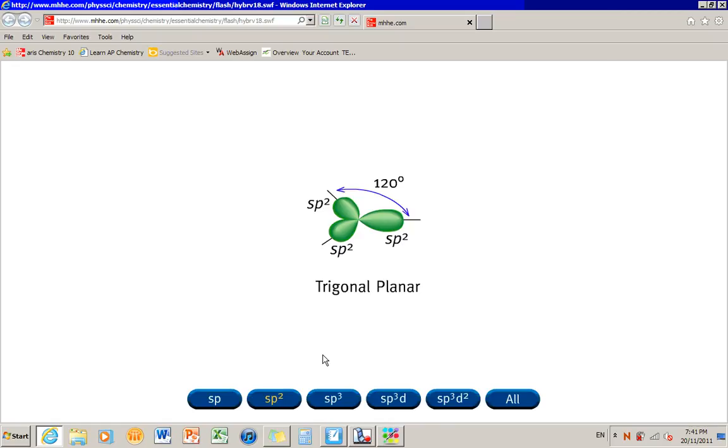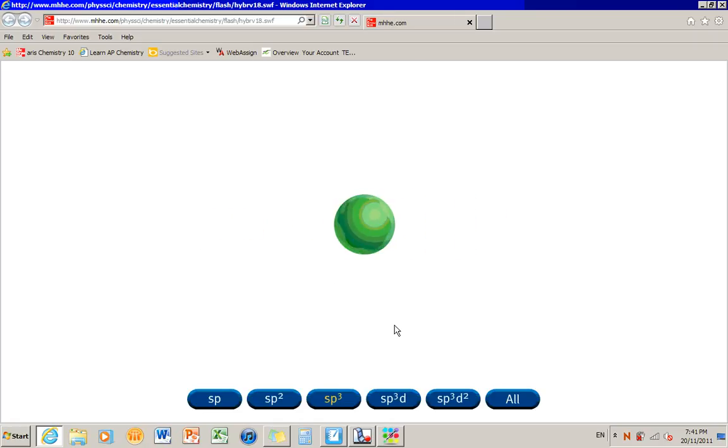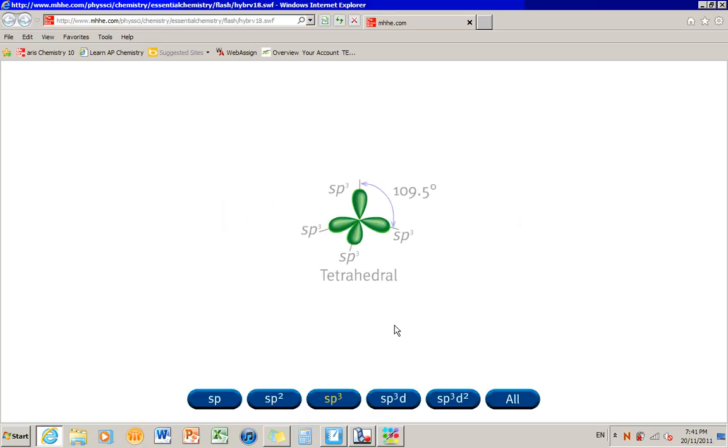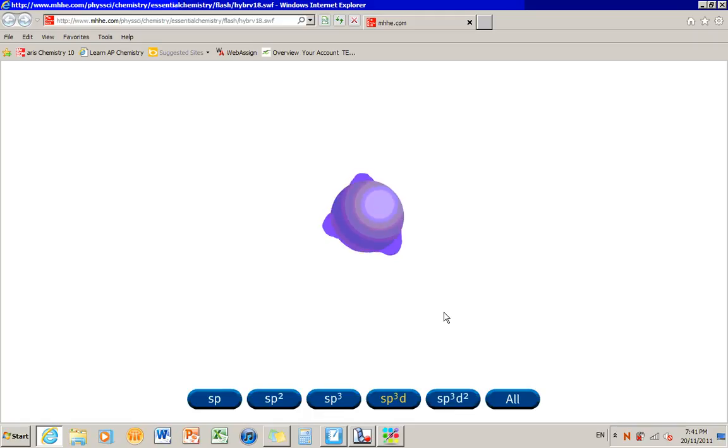Now, I hope you're starting to see the connection between the VSEPR shapes, the electronic geometries, and the hybridization. Let's look at sp3 hybridization. I combine 1 s with 3 p orbitals, and I'm left with 4 sp3 hybrids, and they organize themselves tetrahedrally. We've got 2 left, and now we're starting to bring in the d orbitals.